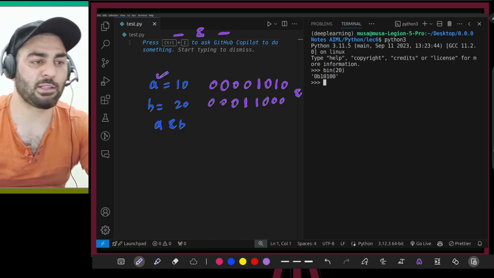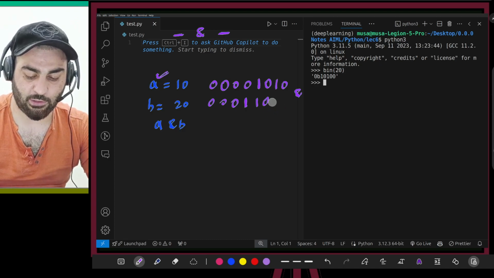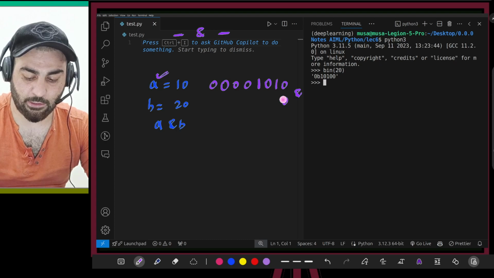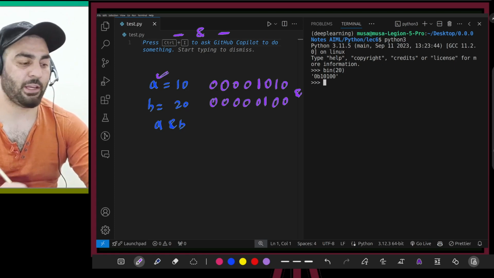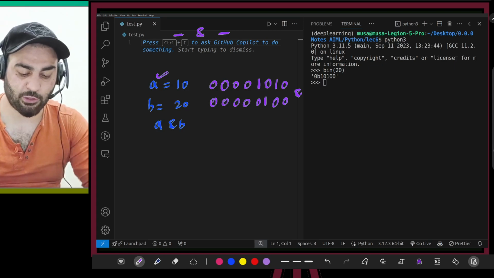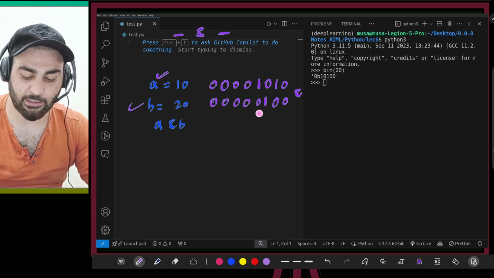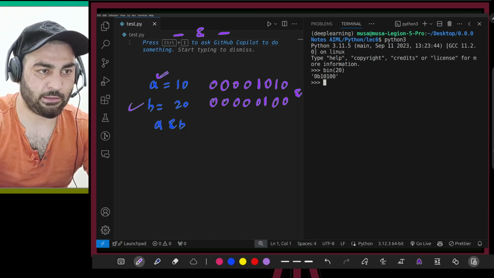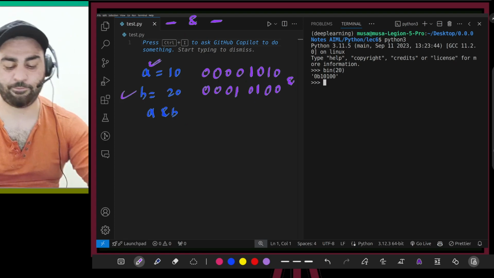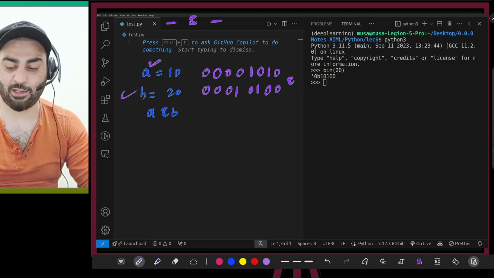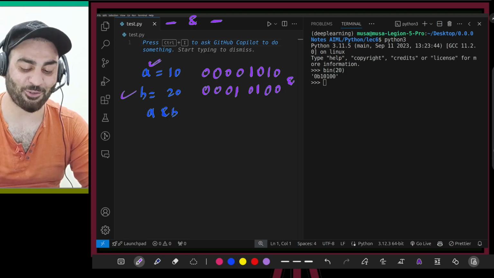So this should basically be 0 0 0 1 0 1 0 0. This is a representation. Everybody with me? So this is my A and this is my B, 20. One is missing. Where is that? It's here. So this is the binary representation. That shows I cannot even copy from the screen.